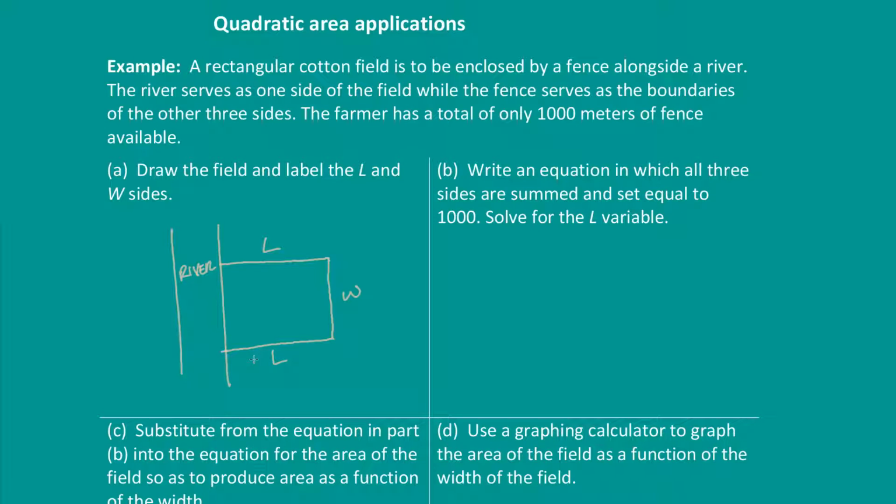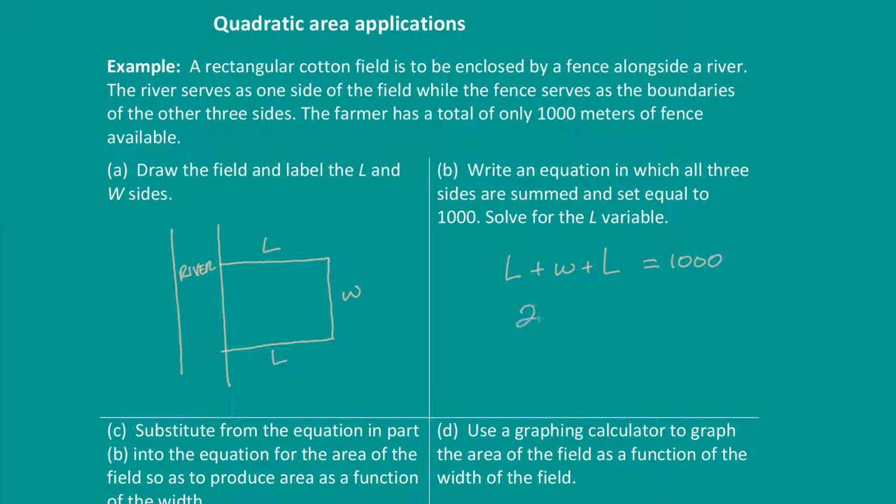Write an equation in which all three sides are summed up and set equal to 1,000. So we know that L plus W plus L equals 1,000. So we've got to solve in terms of one variable. So they want us to solve for the L variable.